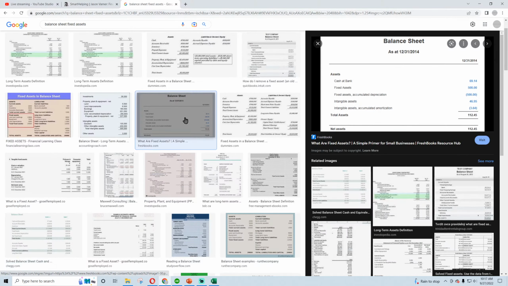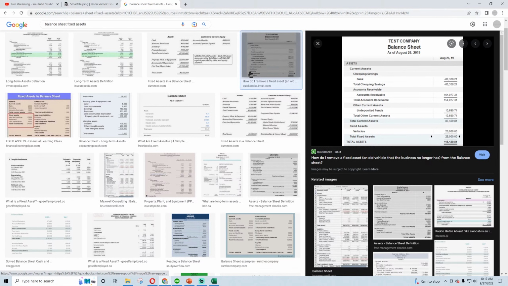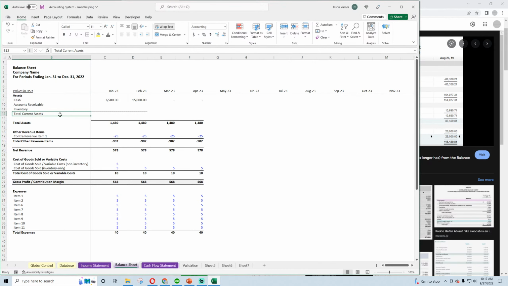Okay, we're just looking at a couple formats. So yeah, fixed assets is what we'll label that. Let's put a little accounting indent in here. Oh, it's already got it. Assets here, total current assets.